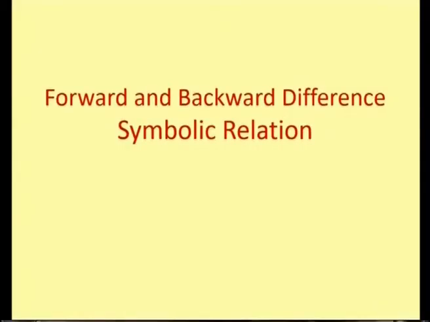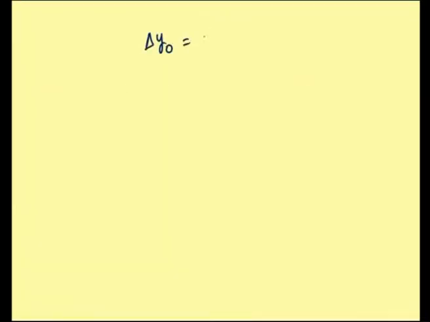A symbolic relationship is there between forward and backward differences. What does that symbolic relationship say? We have seen in the previous session that forward difference is given by delta y naught is equal to y1 minus y naught, and nabla y1 is given as y1 minus y naught.